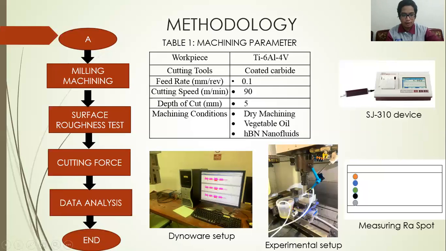The measuring spots that are going to be used are 5 spots, and for each spot 3 readings will be taken. And next we will go to the data analysis after having obtained the data.